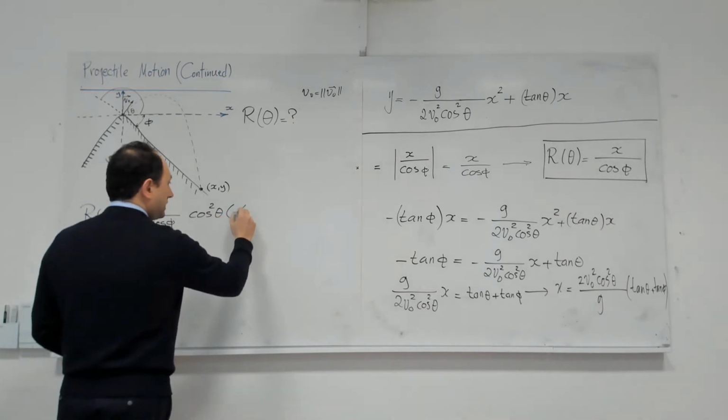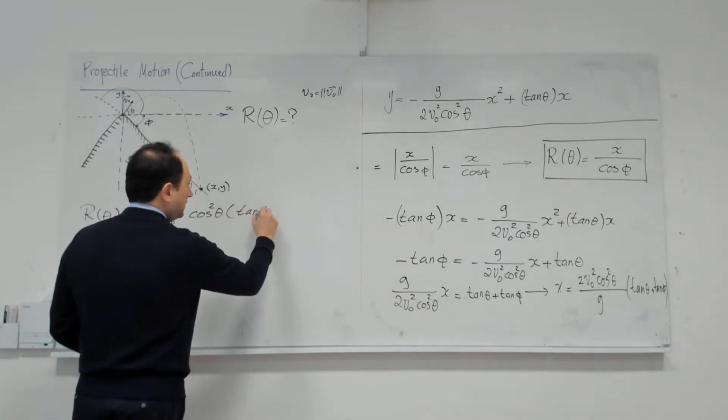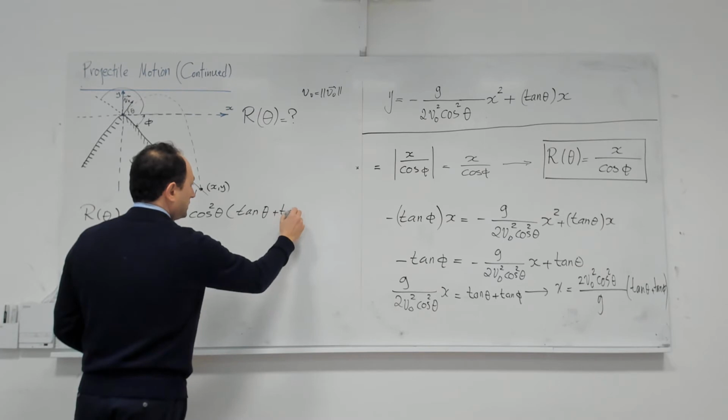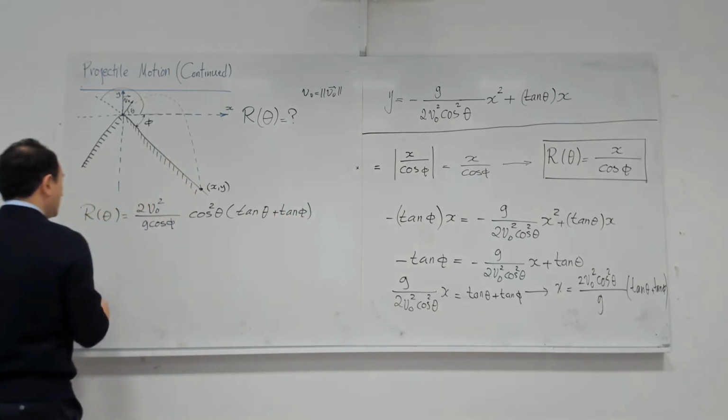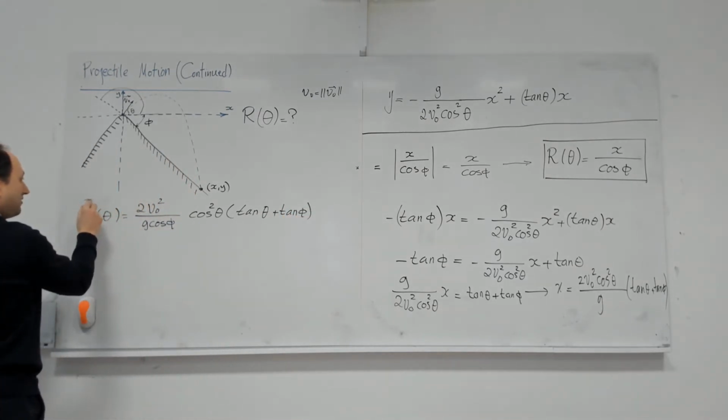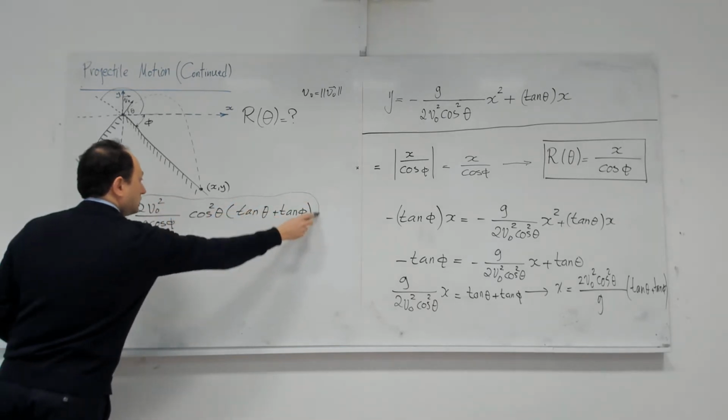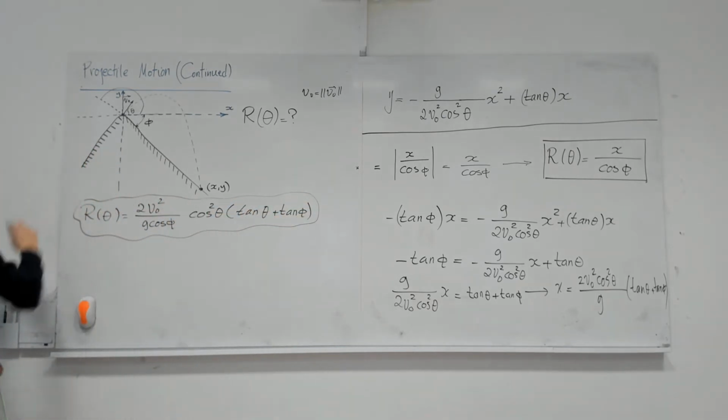And then I have tangent of theta plus tangent of phi. You didn't have this level of difficulty in Math 4. This is a function that you're supposed to optimize. Don't let these other letters distract you. This is just a function of one variable, and that is theta. Whatever letter you see left here, they are constants. So we were able to find this r of theta.